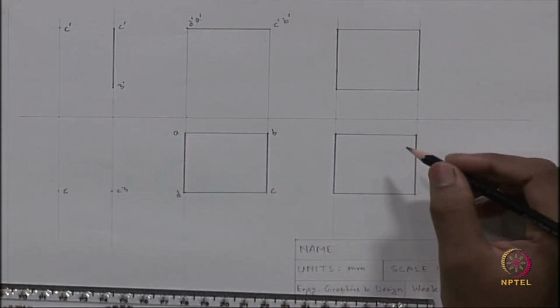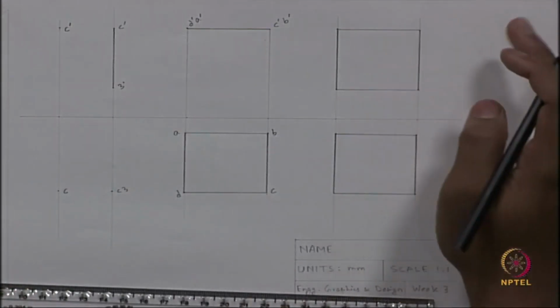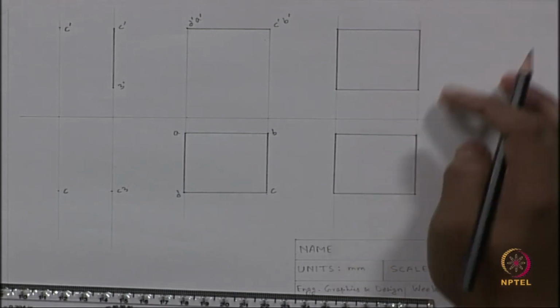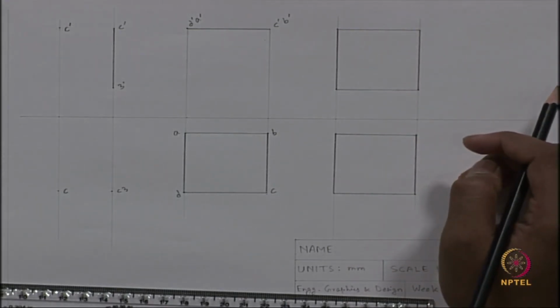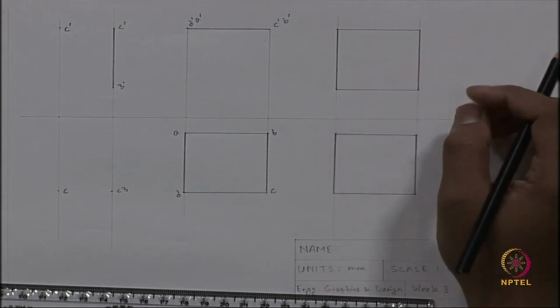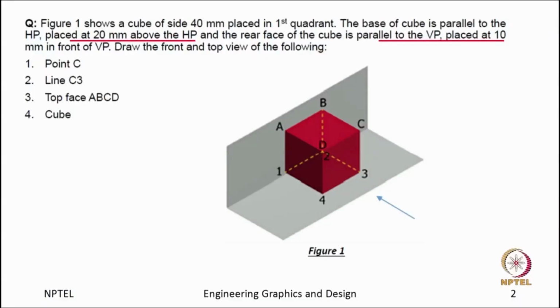So we are done. We have drawn the front view and top view both for the whole cube, but we have to put the names. How? For the front view, point D and point A will coincide in the projection.